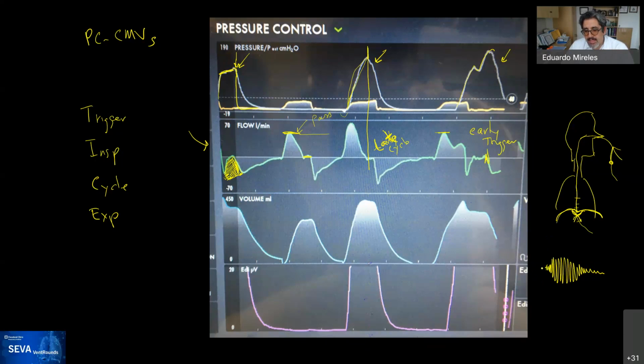Instead of showing this very dirty raw image, they use a mathematical transformation to generate a waveform that represents the activity of all these signals from the EMG. That waveform then gets presented in the ventilator as a smoothed-out nice waveform, which looks like this.